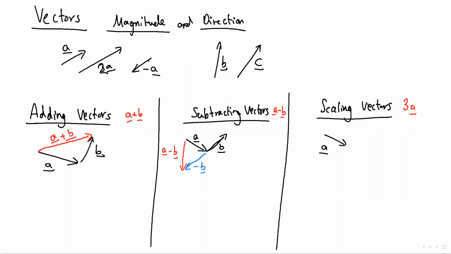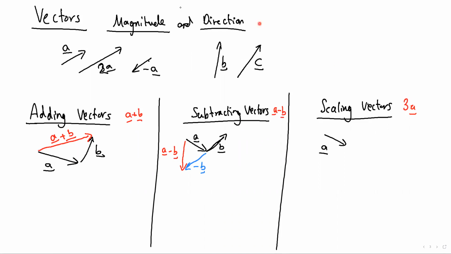Okay. So how about scaling vectors? Well, scaling is just another word for multiplying. But because we're not multiplying two different vectors together, you won't be asked to do that. Instead, you'll be asked to scale vectors, so we multiply by a constant.